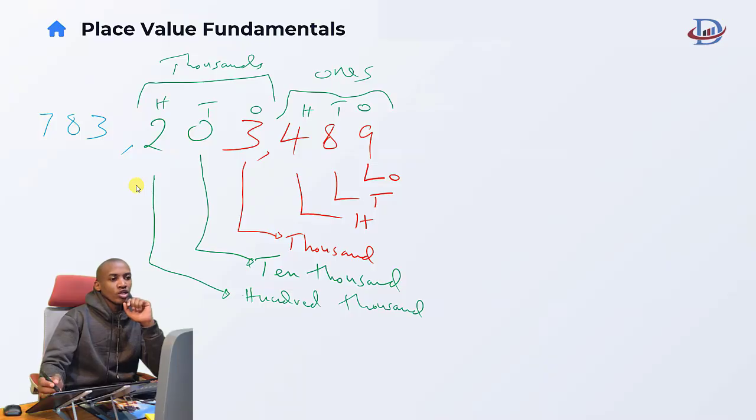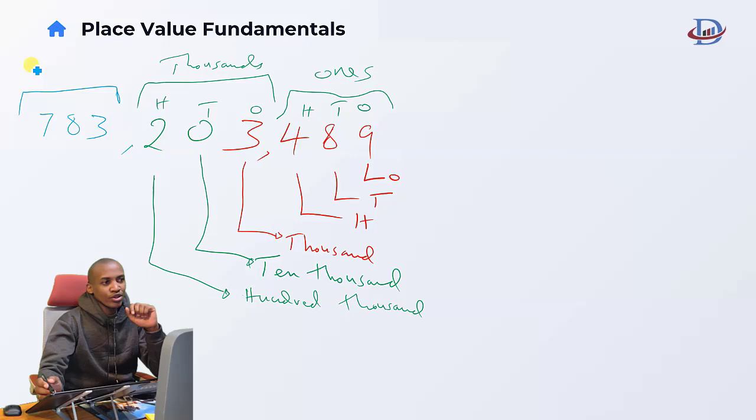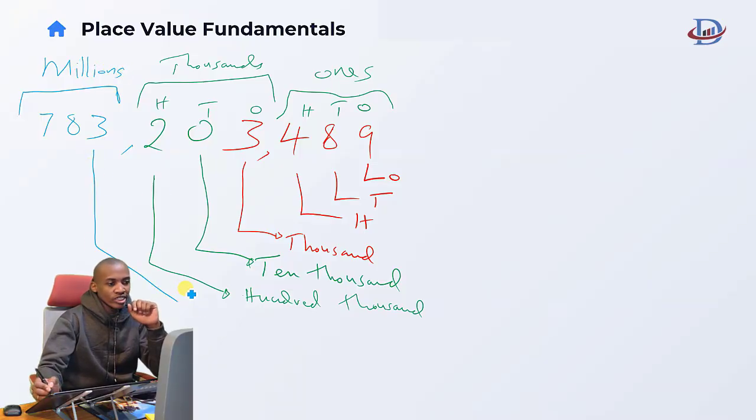So if I add another group over here, maybe 783, this makes the next period, which is called the millions. For this part, the first one here we call a million. Then the next one, remember our concept, ones, tens, hundreds, will be called 10 million.